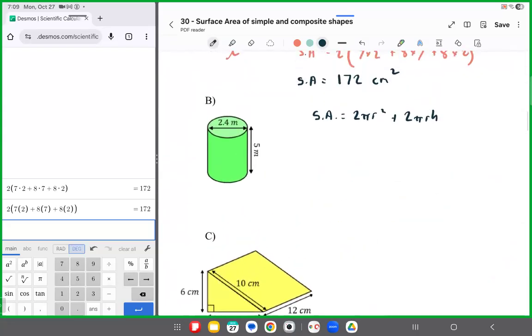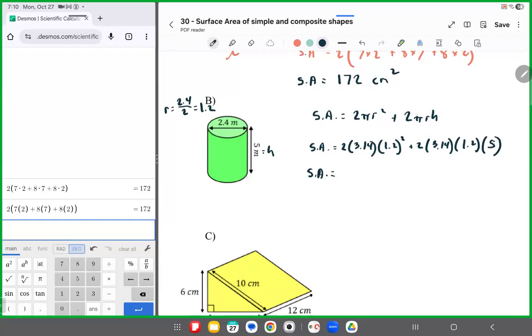Now for this question, we were given the diameter, so the radius will be equal to 2.4 divided by 2, so that's going to be 1.2, and the height is 5. And so the surface area will be equal to 2 multiplied by 3.14 times 1.2 squared plus 2 times 3.14 times 1.2 times 5.